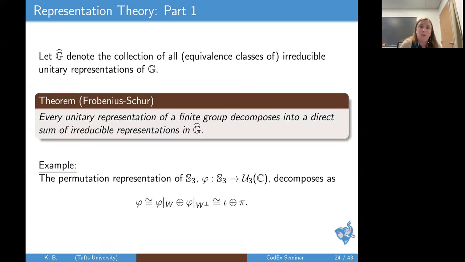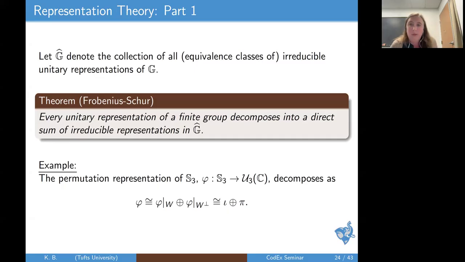But this leads us to some of the core theory in representation theory. In particular, G hat we're going to denote as the collection of all equivalence classes of irreducible unitary representations of G.